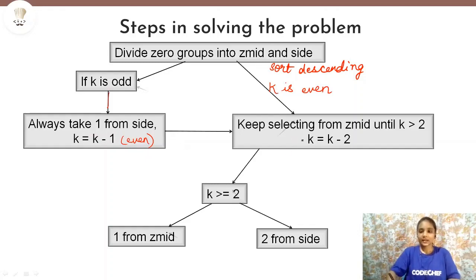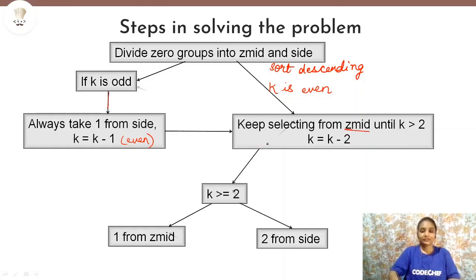Now in this step, when k is even, we will keep on selecting from Z mid until k is greater than 2 or until the values in Z mid are over, like we have reached the end of Z mid. So until that we will keep on selecting the values from Z mid, and also we will keep on reducing k by 2 because we are compensating for two wire cuts each time we are selecting a value from Z mid.